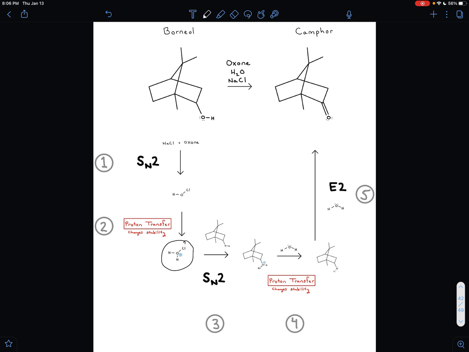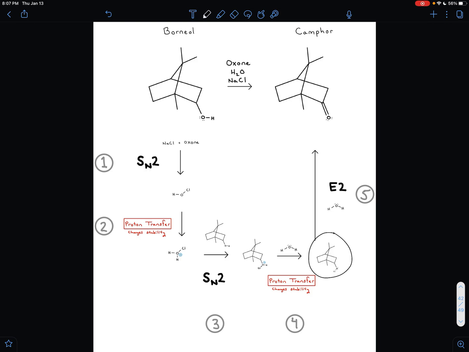Once you have this modified hypochlorous acid molecule, it can react with Borneol. It does an SN2 reaction. The oxygen attacks chlorine, this water group leaves, and you put the chlorine onto isoborneol. Shake that up with the water you have, and you can stabilize it. Get rid of the positive charge by moving the H plus onto the water.